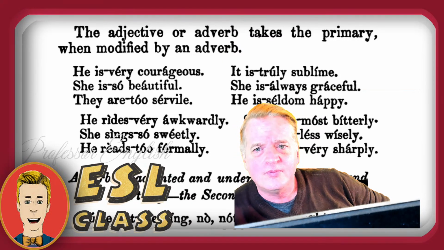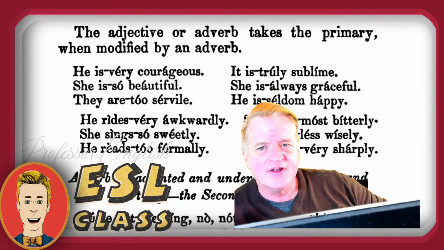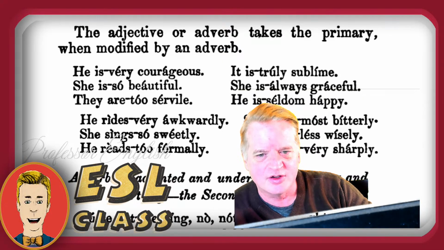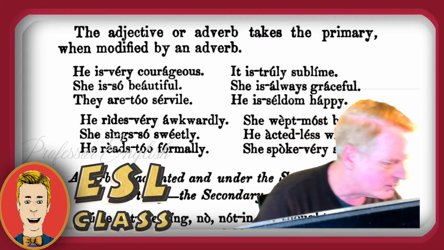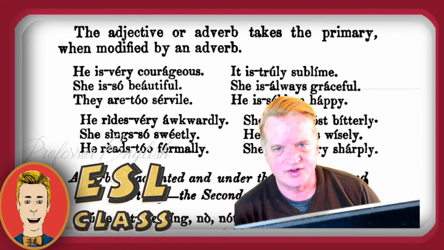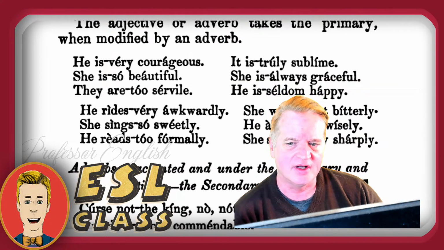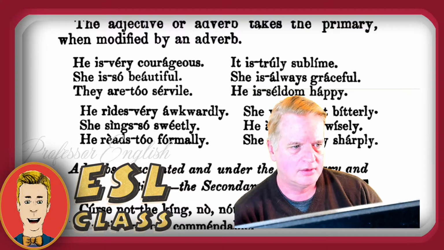He is very courageous. I think I'm reading this wrong. I think it should be very. He's very courageous. I think that's the way it should be. They both have the hard accent, but I would put it on the adverb. He's very courageous. What about the next line? She is so beautiful.